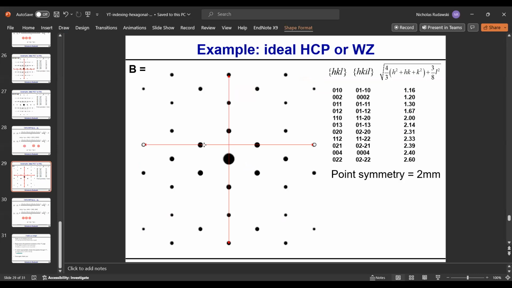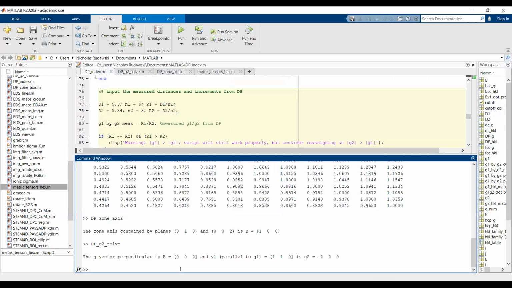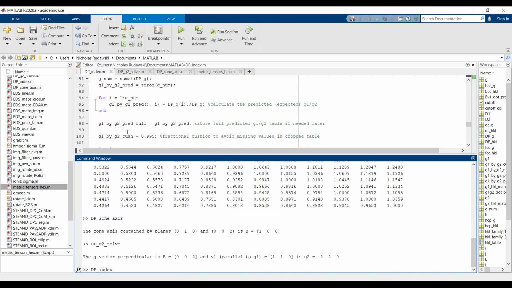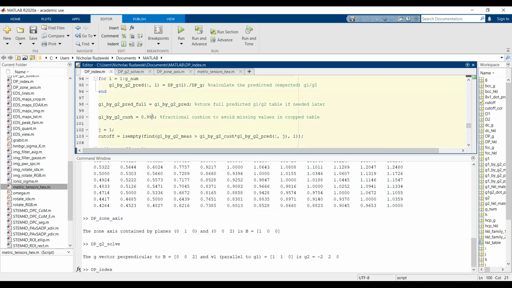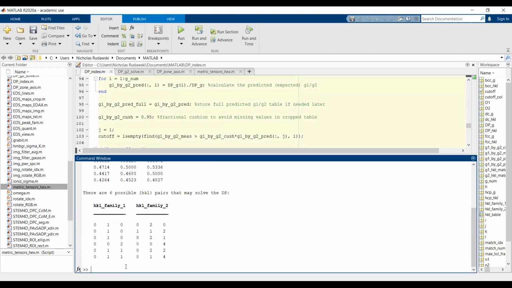Okay, all right. So let me delete these now, since we don't need them anymore. And let's run the script. So we've got DP index. Oops, and let me put my cushion back down to where it was. Okay. So we get a bunch of different hits here.